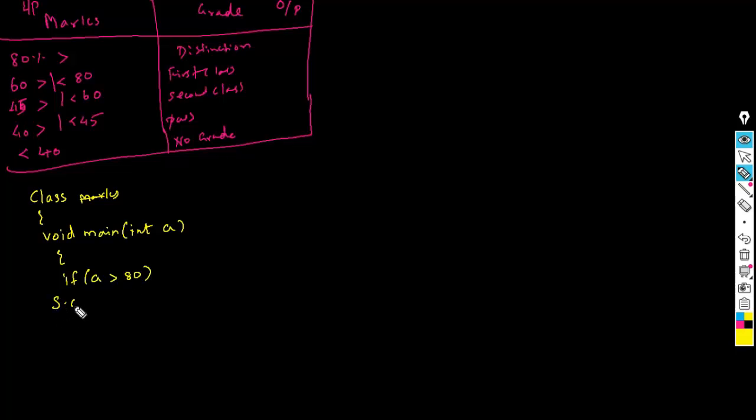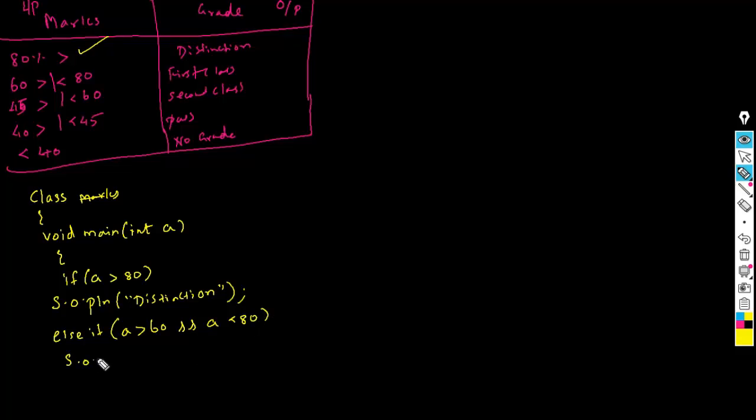What am I printing? System.out.println, I am printing it as distinction. Okay, so that's the first condition. What is the second condition? Else if average is greater than 60 and average is lesser than 80, right?